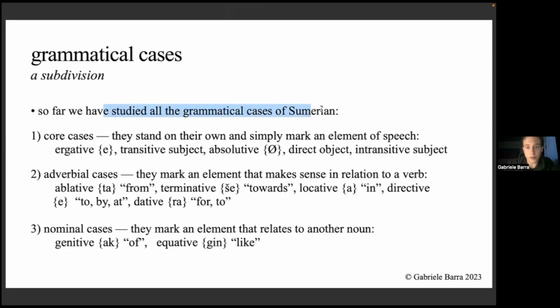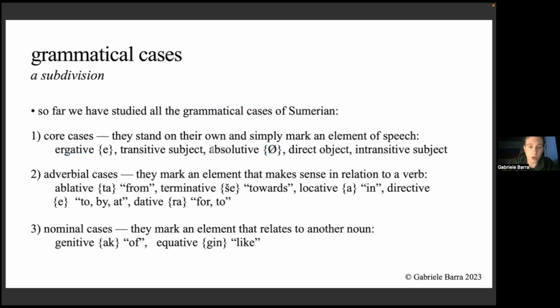So far, we have studied all the Sumerian grammatical cases: the terminative, the ergative, etc. We have spent a considerable amount of time on them, so you should have a good grasp of them. We have three different kinds of grammatical cases, and they are not created equal. You have core cases, which would be the ergative and the absolutive.